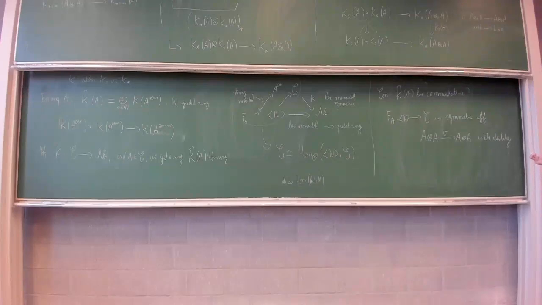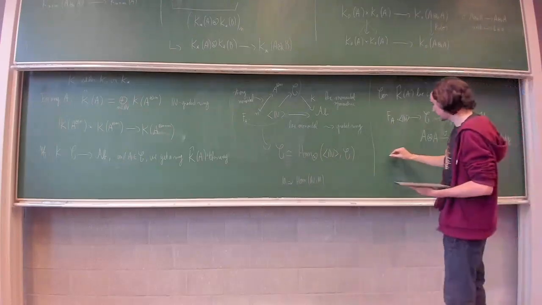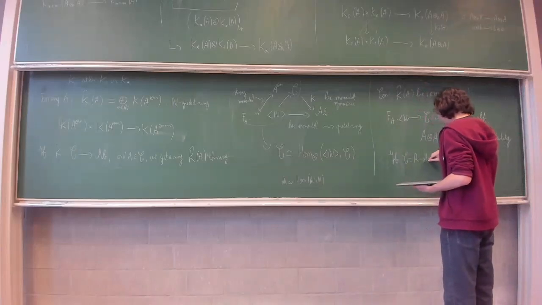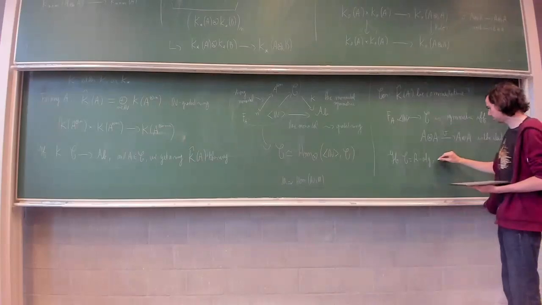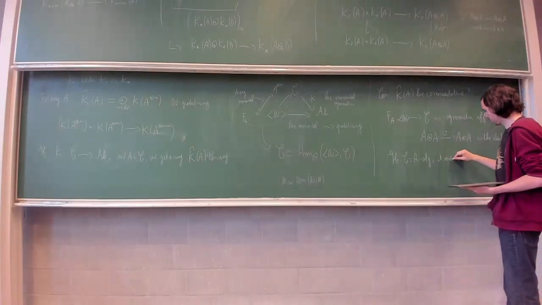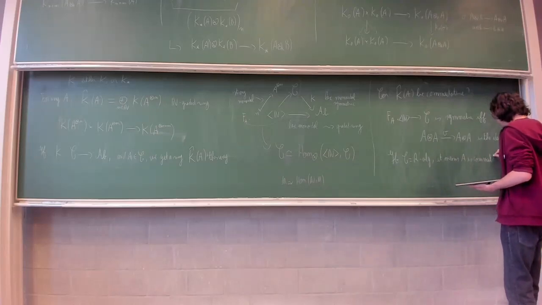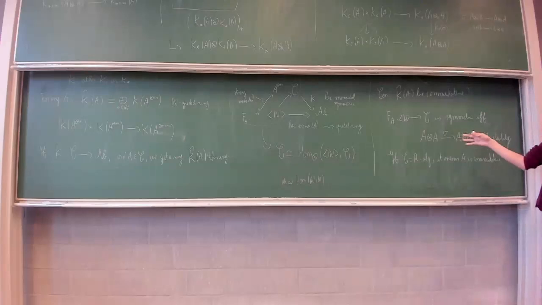And that's a strong condition, right? So if C is a category of algebras, this means that A is commutative. Just take a look at what it means: A tensor B is equal to B tensor A, and then you can apply multiplication on both sides, and it tells you that A times B is equal to B times A.